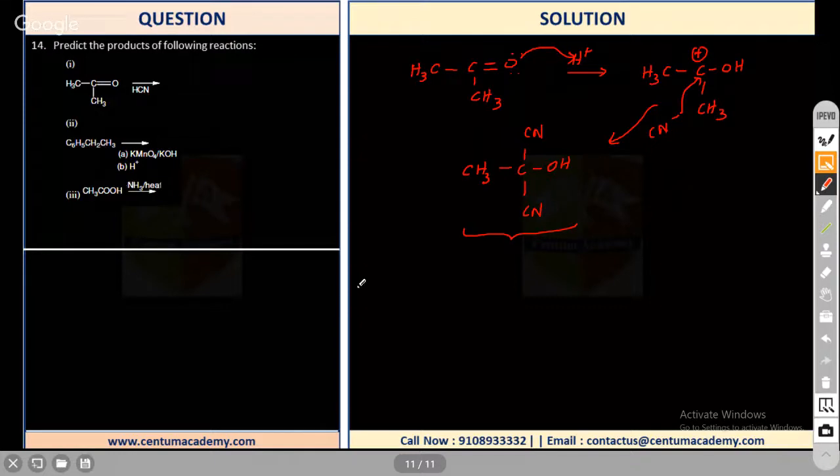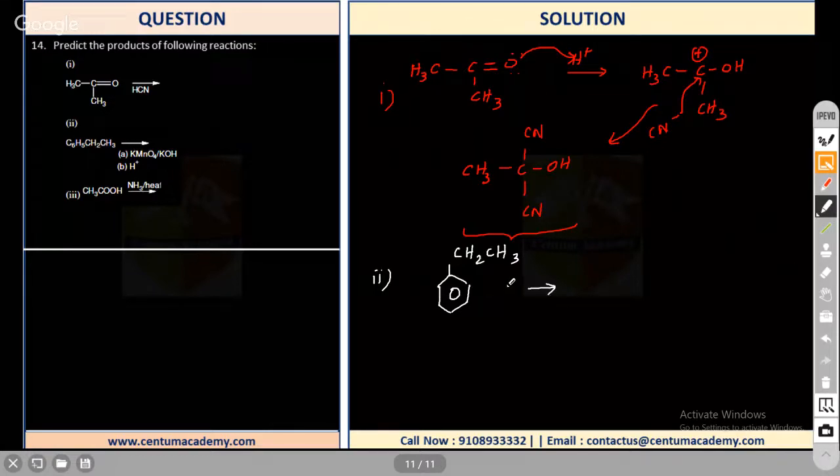Now in this alkyl benzene we have in the second one, what is the product we get here?